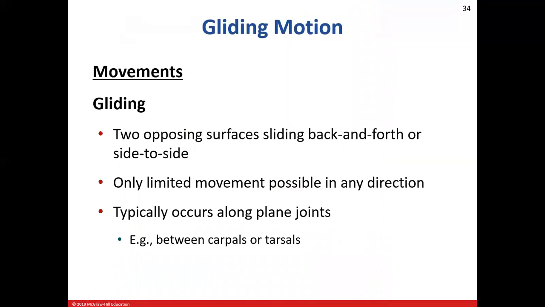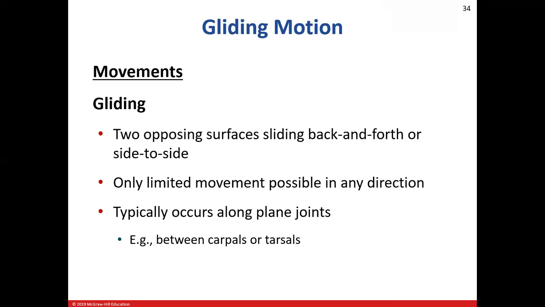So now we get into some of these particular types of movements. We touched on what movements are at the locations of these joints, but now let's look at what these particular movements are. Most of this will be pretty straightforward and self-explanatory. The first movement is gliding.